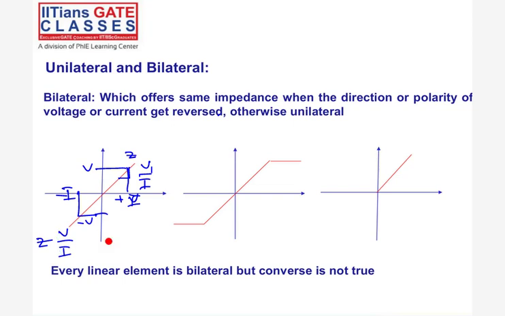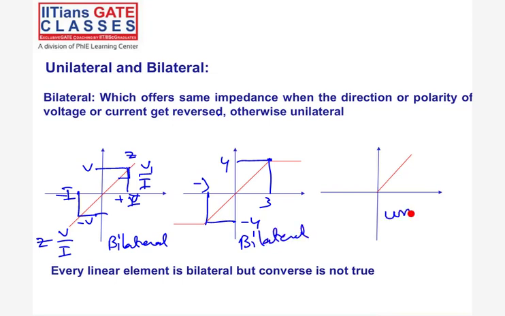If it is 3 and here it is minus 4 and minus 3, then it is a bilateral element. So directly from this, it is a unilateral element.